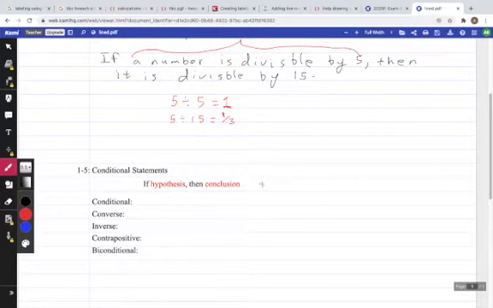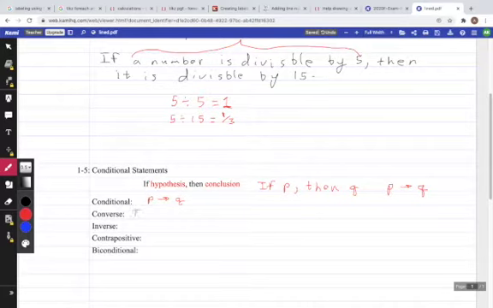Another way of writing that is if P, because P generally represents our hypothesis, then Q, or more simply, P implies Q. So this is the language that we have for writing out these statements. A standard conditional statement is what we have there. P implies Q.